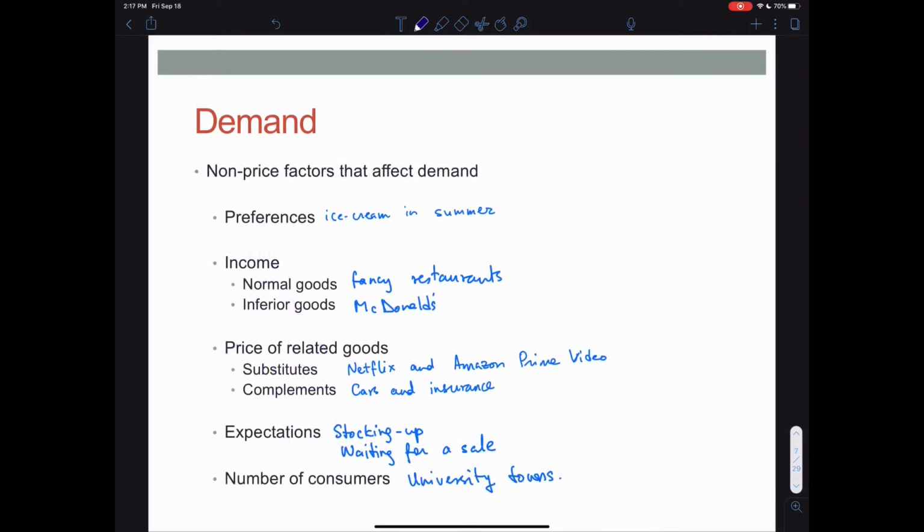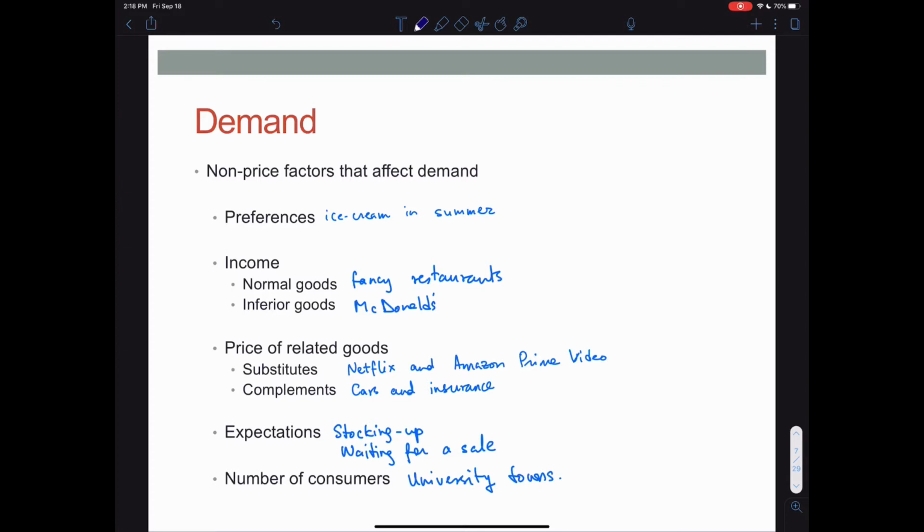Apart from price of a good, there are lots of other factors, what we call non-price factors, that affect demand for a good. One example is our preferences. We can change our taste for something over time, depending on, maybe somebody influenced us, ads, social media, could be weather.